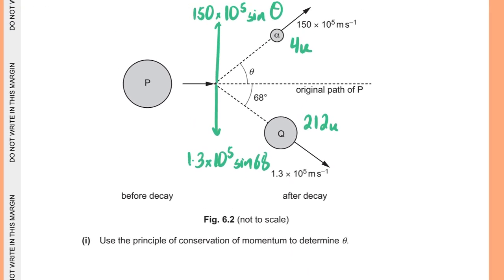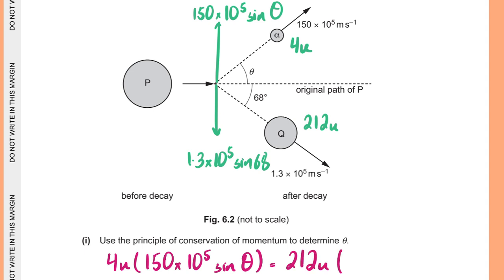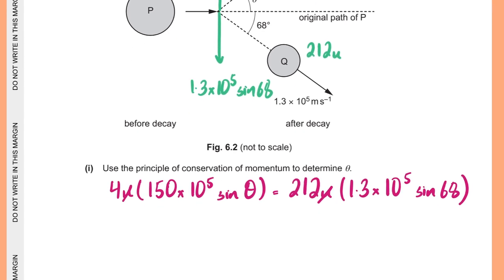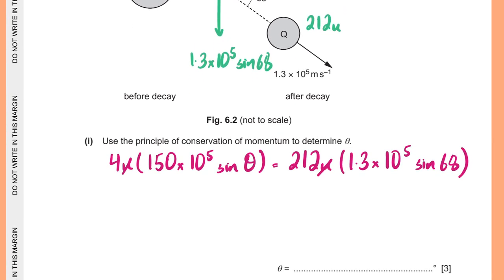So I'll say that 4u × 150 × 10^5 sin theta equals 212u × 1.3 × 10^5 sin 68. No need to go to the data sheet because the u's cancel out anyway. And then you basically just multiply this.